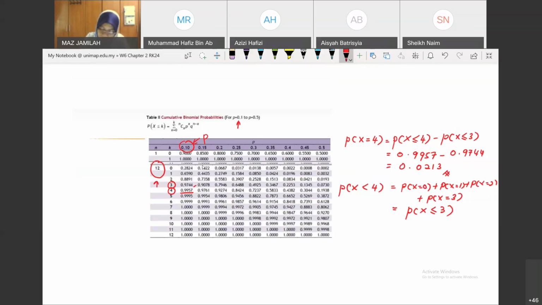So it will be 0.9744. Is it correct in your textbook? Okay, yes. So directly you will get 0.9744.